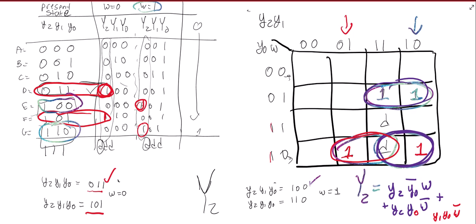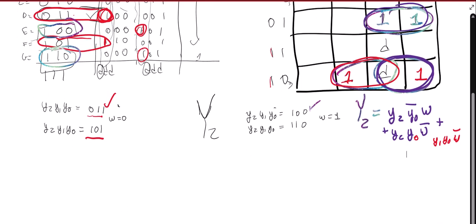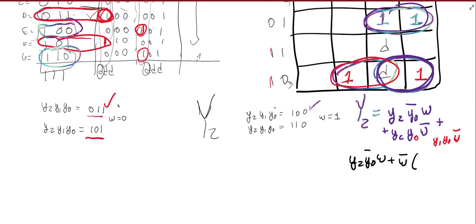Okay, so then if I wanted to make this into a circuit, I could have a slightly cheaper circuit if out of these two I factor out that W bar. Actually, I can factor out a Y0 W bar. And I have Y2 or Y1 left.